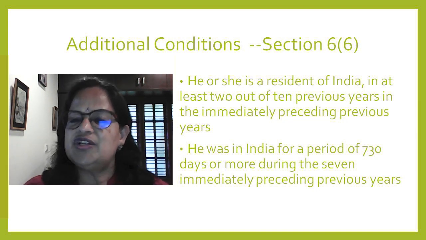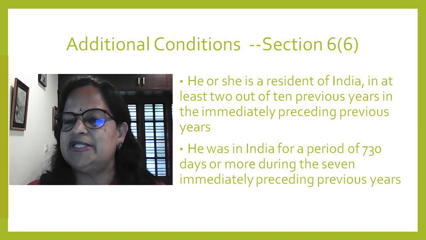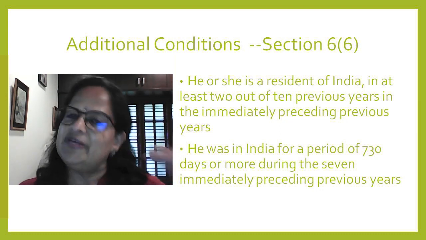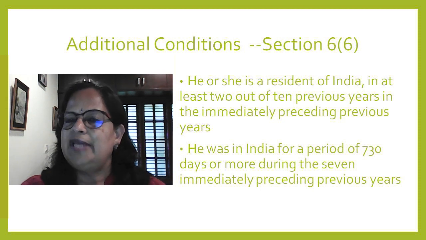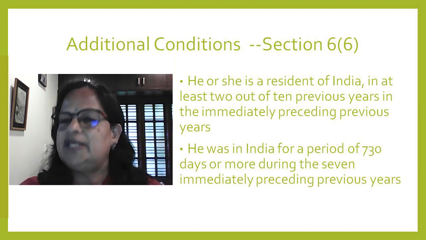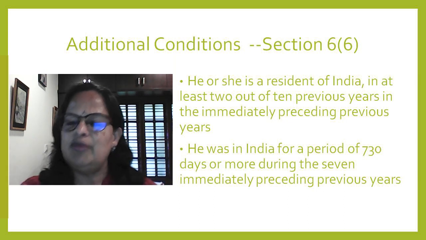See here, additional condition, it's 730 days for 7 immediately preceding previous years. That meaning what you have to do is, 1920 is your previous year. We have to do 7 years prior to that. 1819, 1718, 1617, 1516, 1415, 1314, 1213. So 7 years. I will teach you how we will compute this.